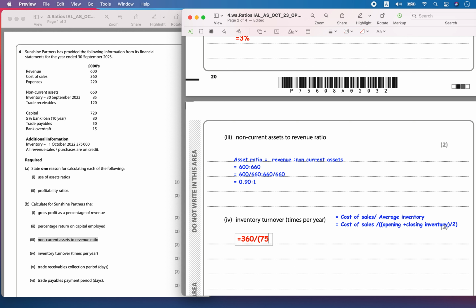I'm ignoring the thousands because it gets cancelled when you're dividing the above and the below numbers. So 75 plus 80, divided by 2. So that is equal to 4.5 times.